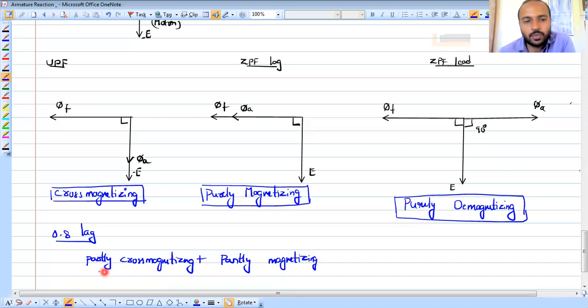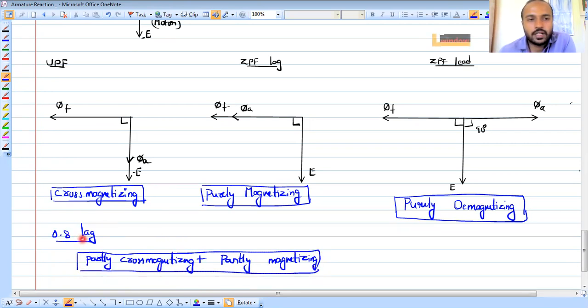How you are saying this one means? So 0.8 lagging you are trying to answer, right? Already we defined for ZPF lagging. It is purely magnetizing. Now 0.8 lagging is there in between these two, unity power factor and ZPF lagging. So cross magnetization plus magnetization. Both will be there in this case.